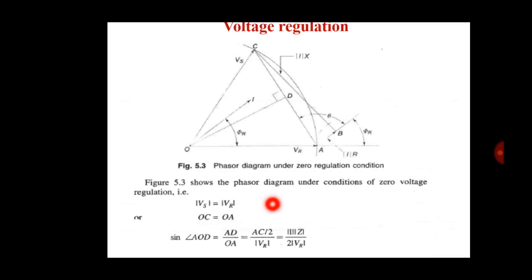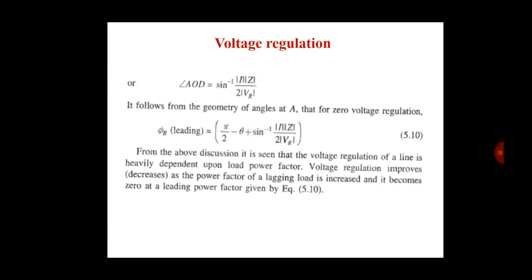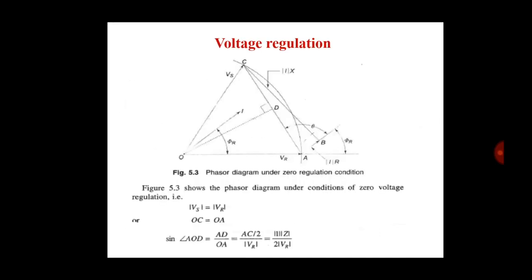Now AC by 2 is the summation of IR plus IX, that means I into Z. AC is equal to IZ, so AC by 2 is equal to IZ by 2, and OA is equal to VR. To find angle AOD, we take the sin inverse.